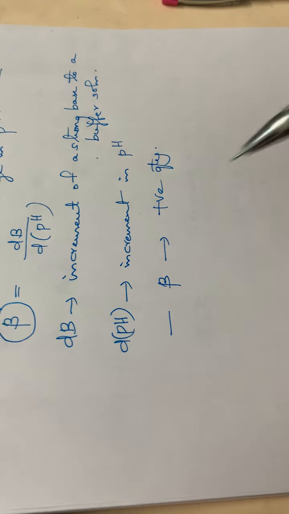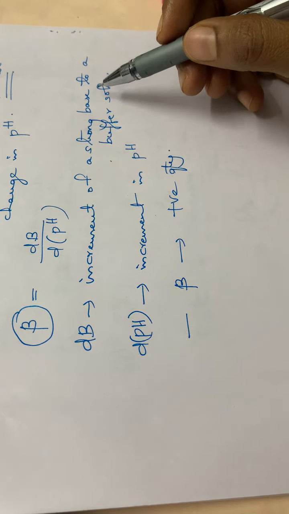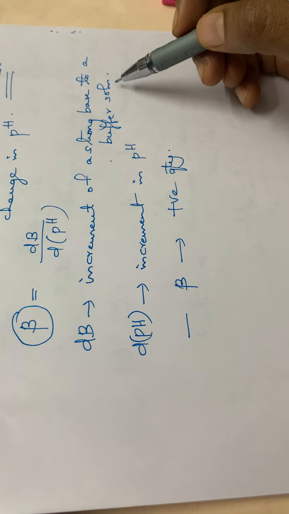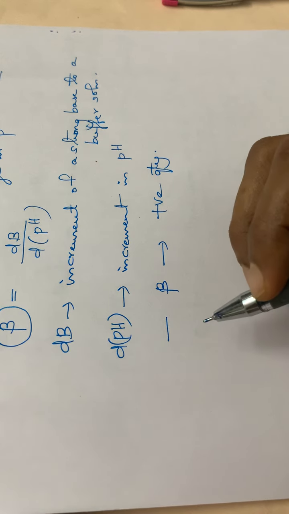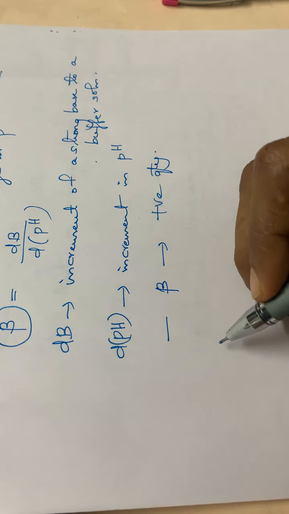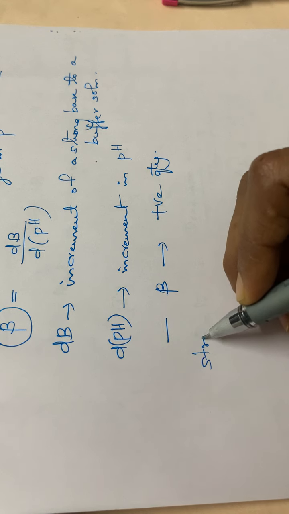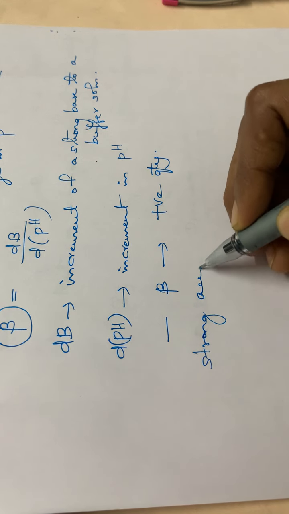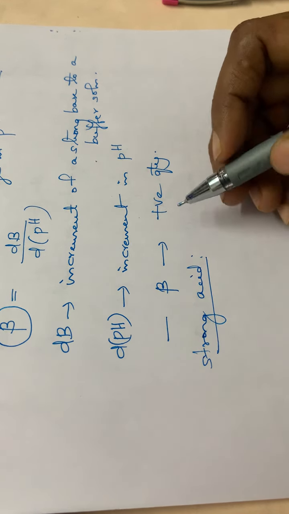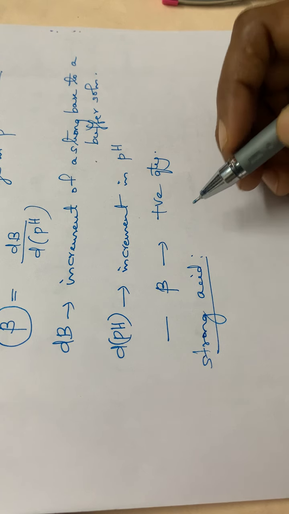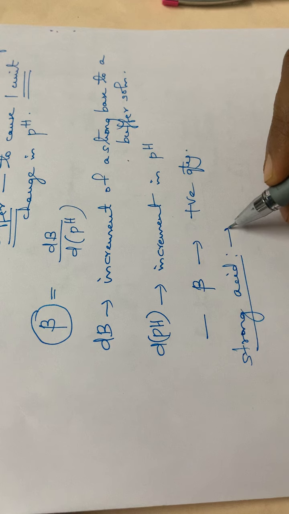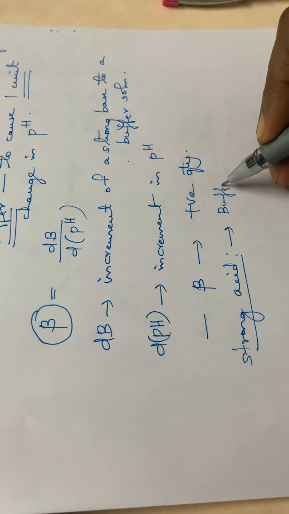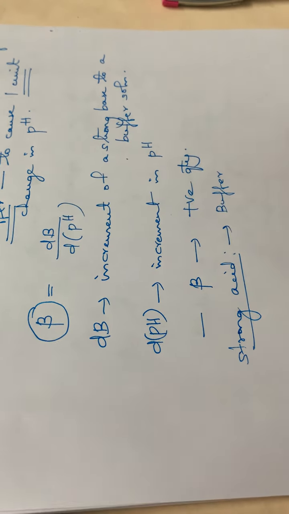So this is the case of a strong base added to a buffer solution. Coming to the case of a strong acid added to a buffer solution, it will be a negative increment to base. If we are adding a strong acid to a buffer, the change will be a negative value.